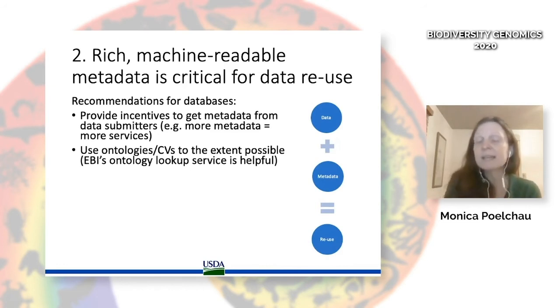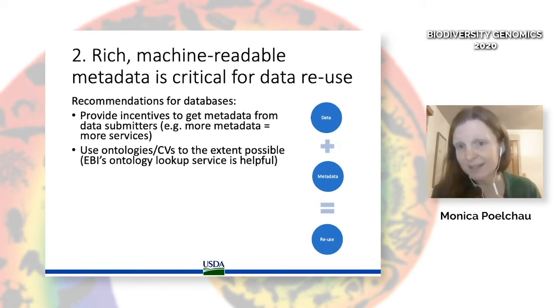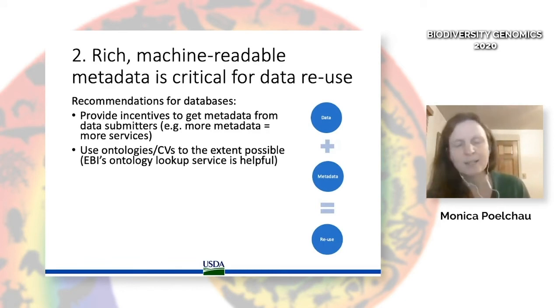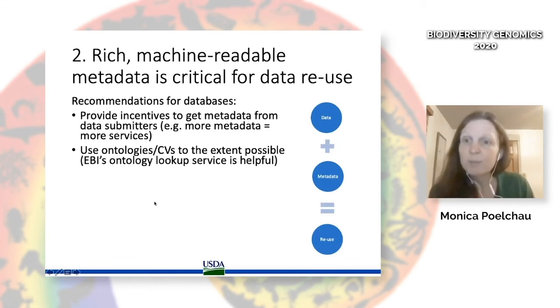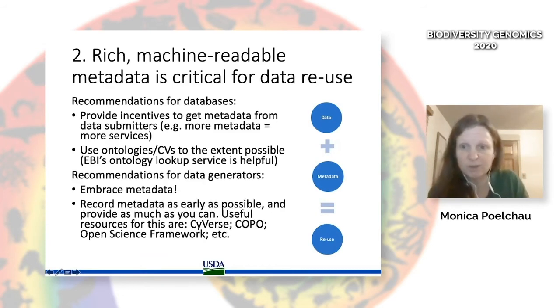For databases, it can be challenging to retrieve the metadata from data submitters because it's often an afterthought. So it can help to provide incentives to get metadata. For example, if you get an excellent metadata set from a user, provide more services for them. Second of all, we recommend to use ontologies or controlled vocabularies to the extent possible. EBI's Ontology Lookup Service is especially helpful.